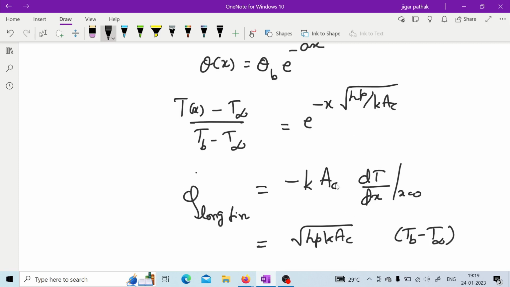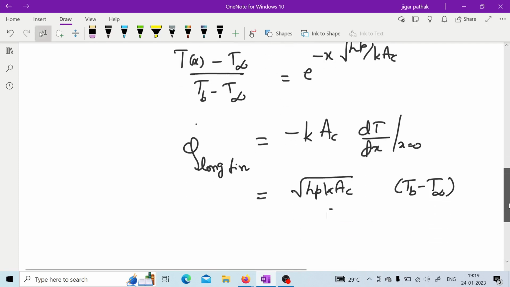So the under root hP will remain as it is, and the under root kAc will be simplified, so under root hP into kAc comes into the picture. I am not writing all this, but you will find heat transfer with this relation for an infinitely long fin, and the temperature distribution with this one.